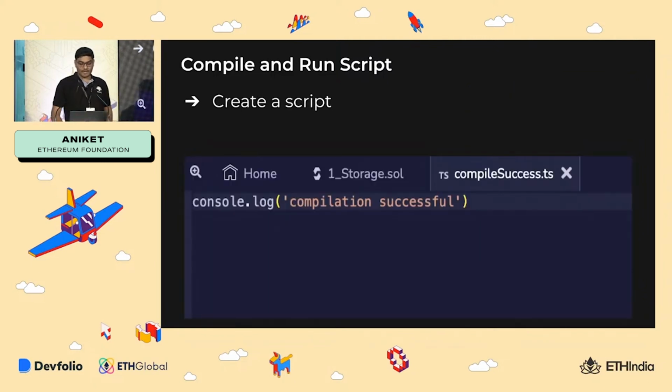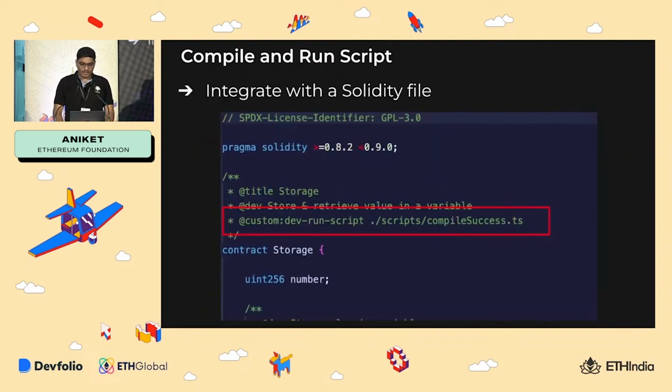For example, I'm showing you one particular script. It just has one console log. Then I can go to my Solidity contract file, and on the top of the file in the natspec, I can add the custom dev run script tag and then the file path.